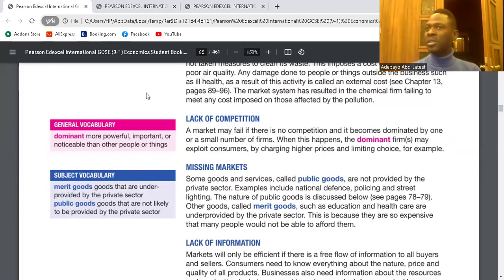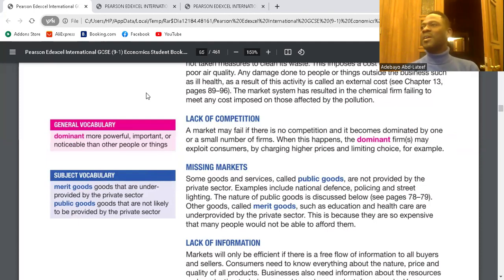So for lack of competition, we can talk about it in two ways. When firms come together to come up with the same price, we call it collusion. We call it collusion.